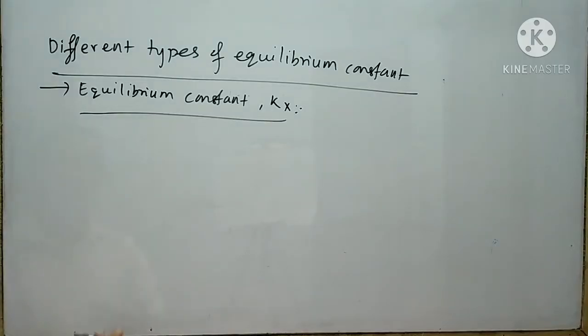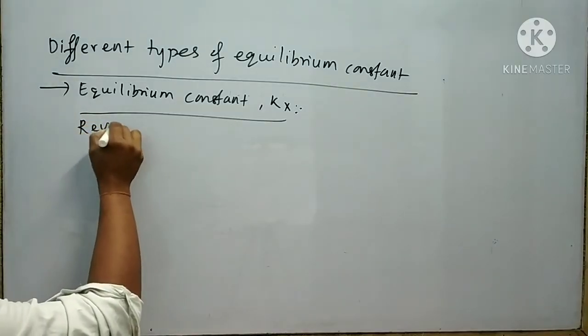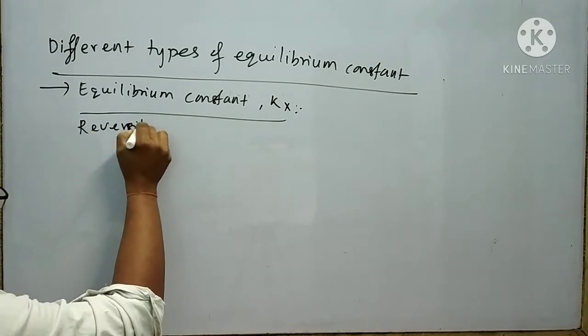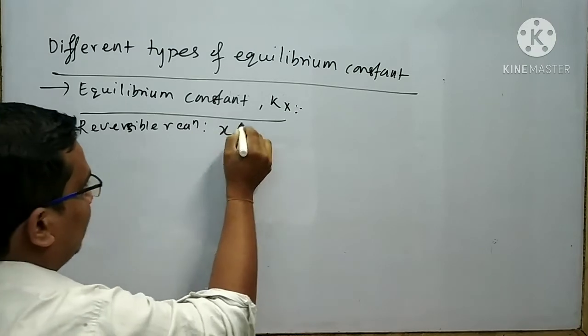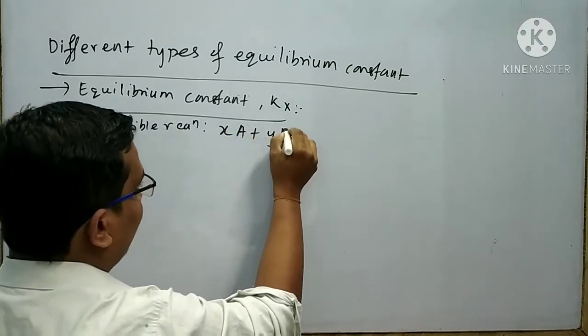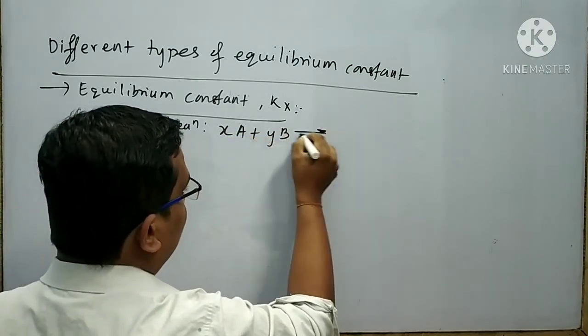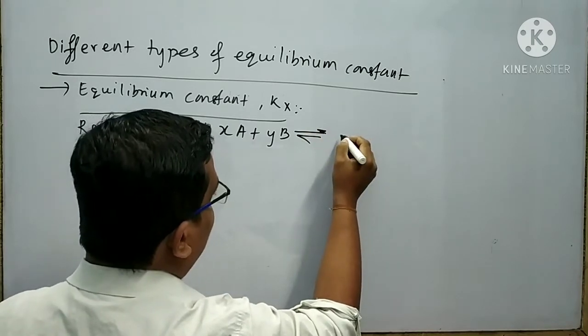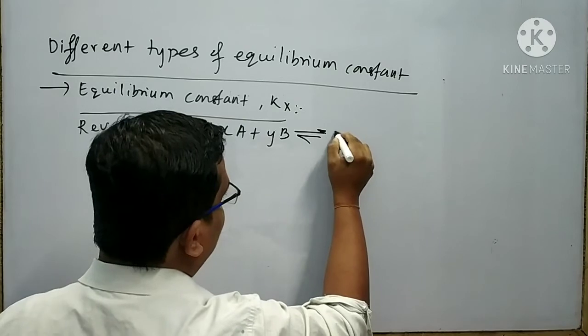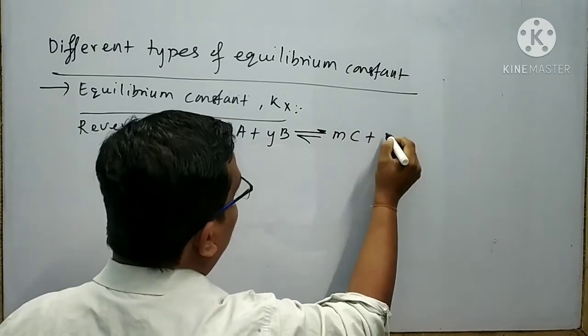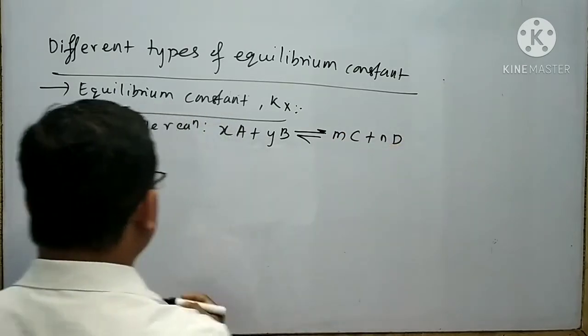Suppose I want to take a reversible reaction XA plus YB reversible sign, here I can write MC plus ND.